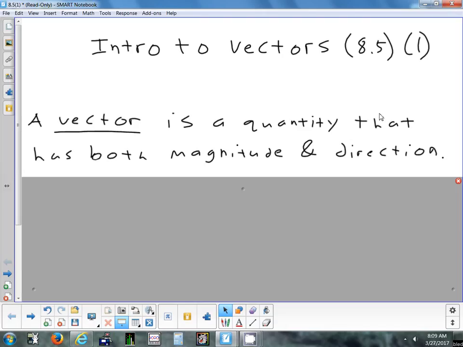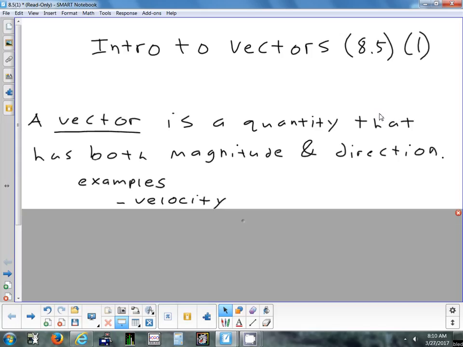It has a speed. That's the magnitude. Yeah. What else? Besides a magnitude, it has a direction. So, those are two things you could model with a vector.